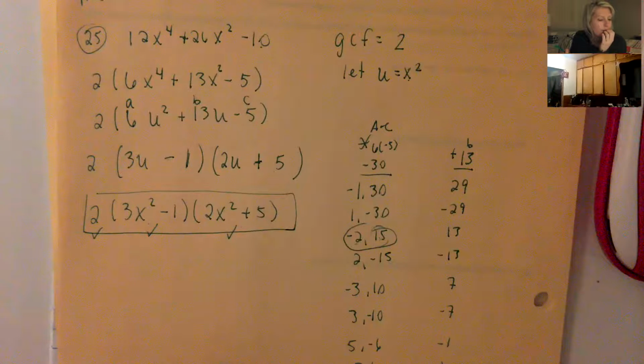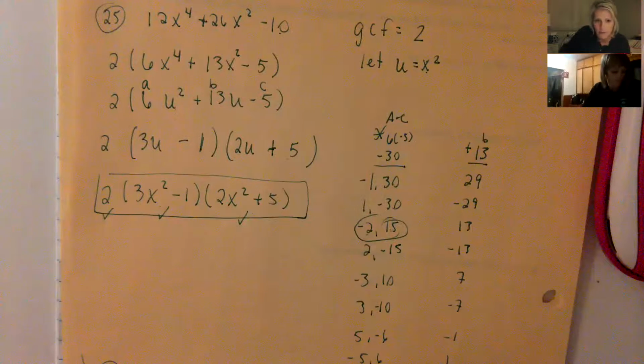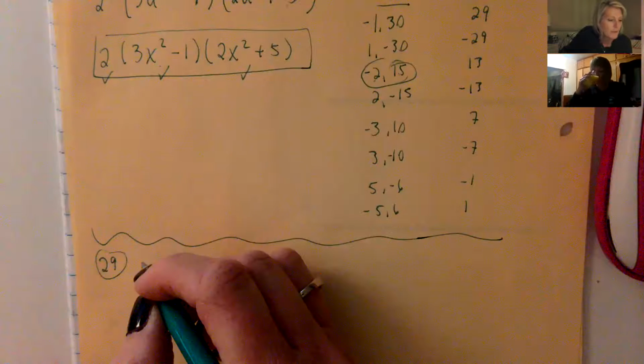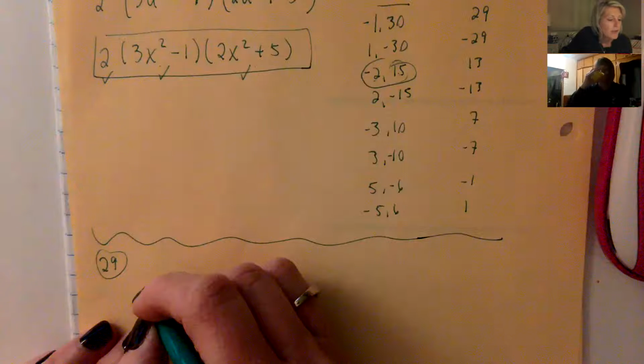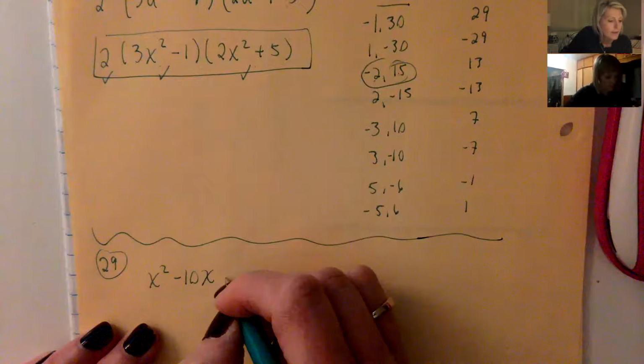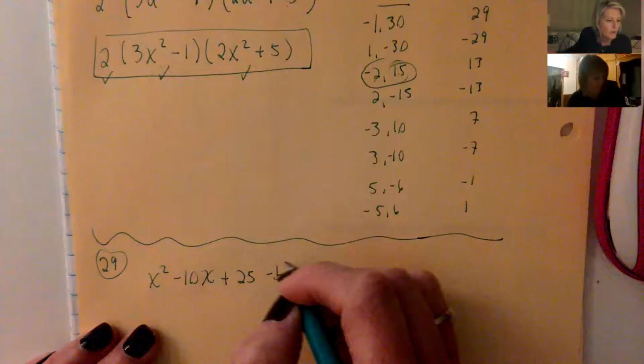We can do number 29, a good grouping method one. We haven't done any grouping method ones yet. So 29, page 103, is x squared minus 10x plus 25 minus b squared.